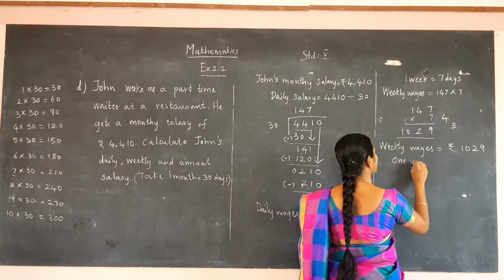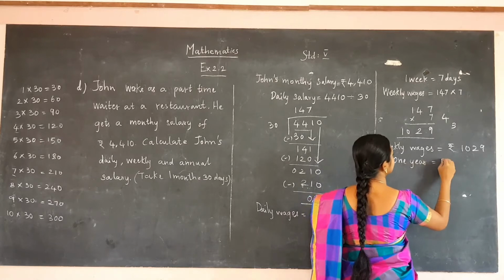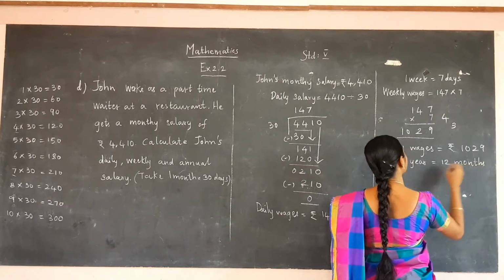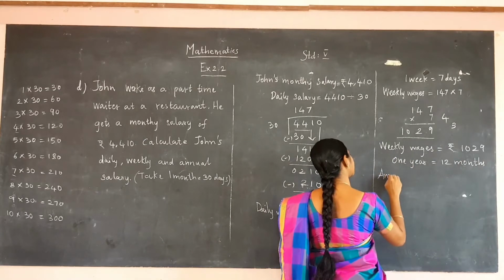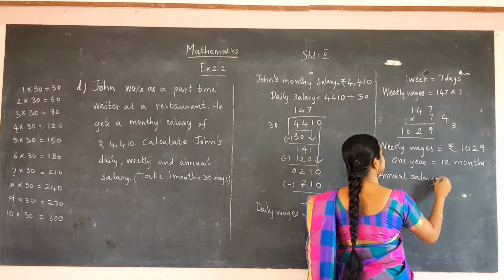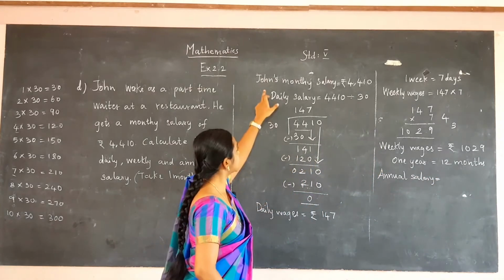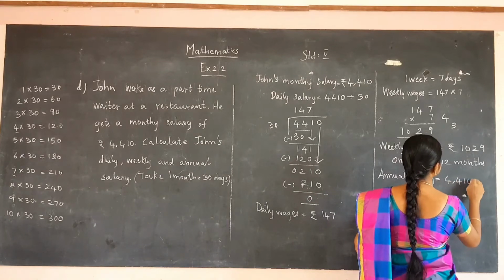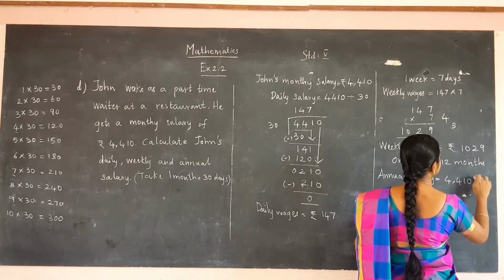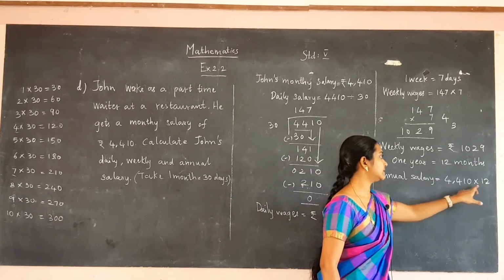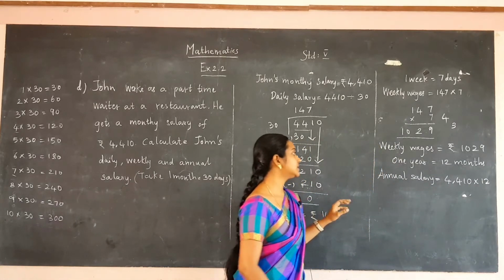We know that 1 year equal to 12 months. Annual salaries we have given for salary for 1 month, that is 4,410. We have to just multiply 4,410 with 12. We will get the annual salary.